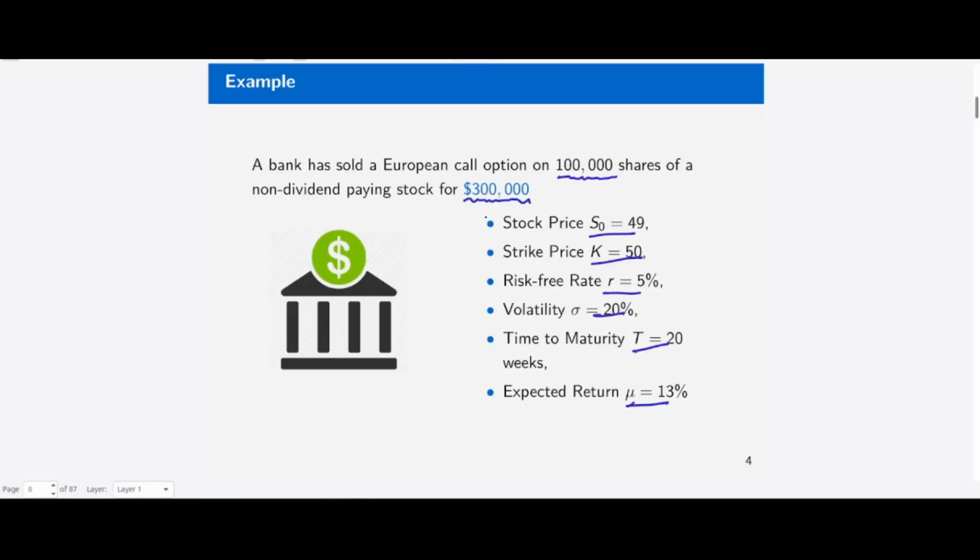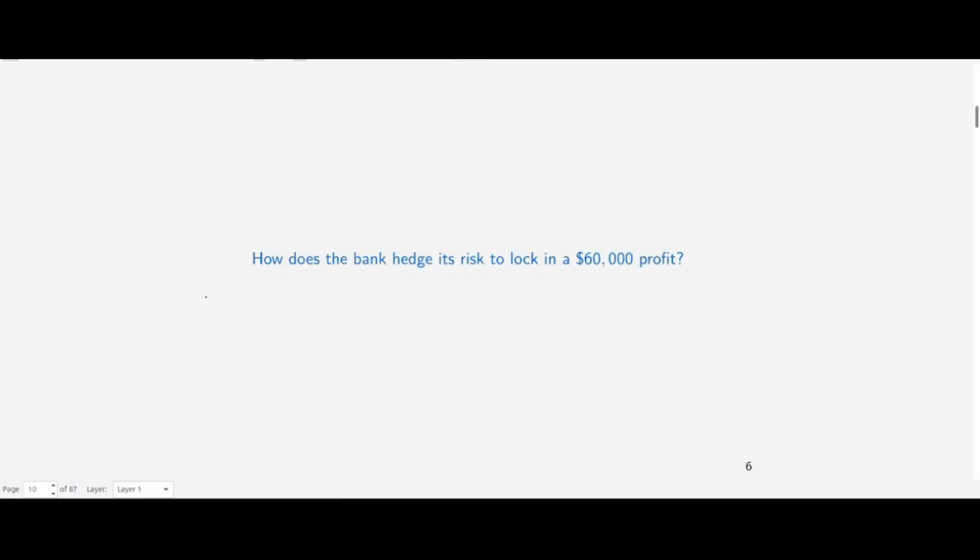But in our example, the institution or the bank has sold for $300,000. So the question is that for the next 20 weeks, how does the bank hedge its risk to lock this $60,000 profit that is obtained from the difference of $300,000 minus the real price, which was $240,000.